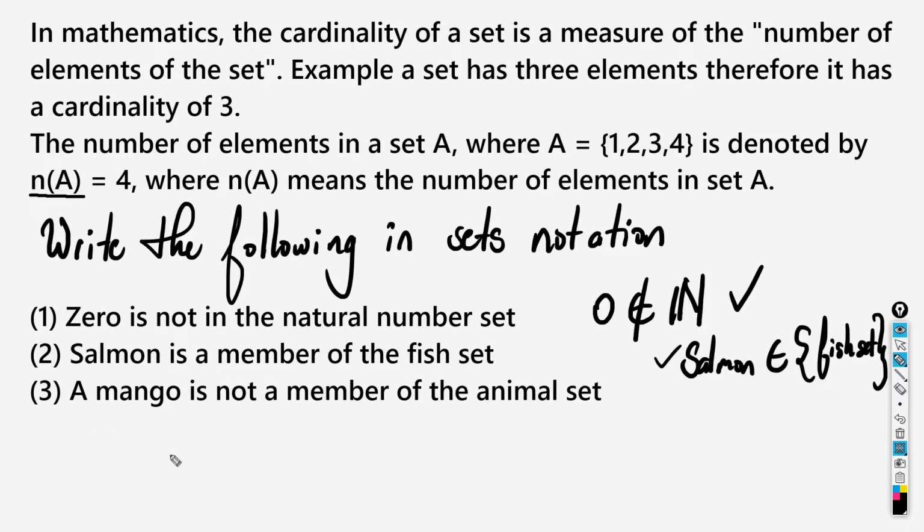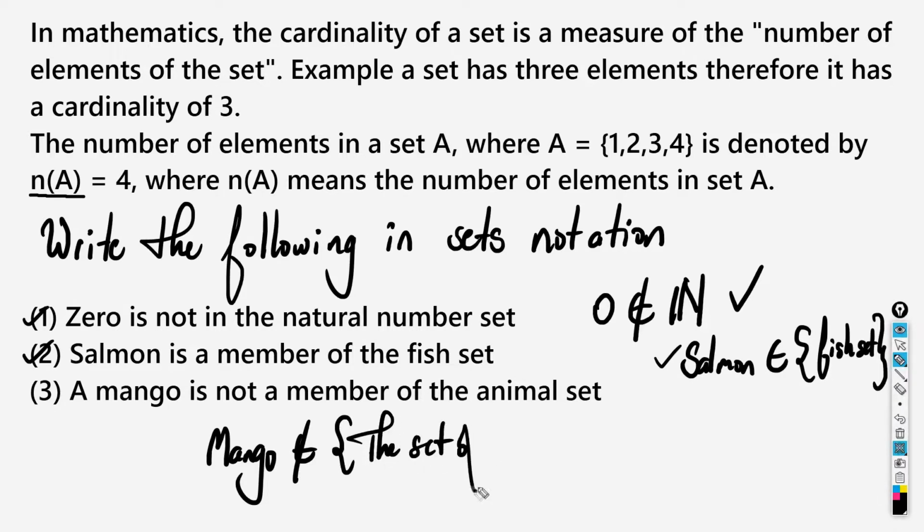And number 3 says a mango is not a member of the animal set. So we would write mango is not an element of the set of animals. It's as simple as that, guys. This is very simple. As you can see, sets is really a simple thing.